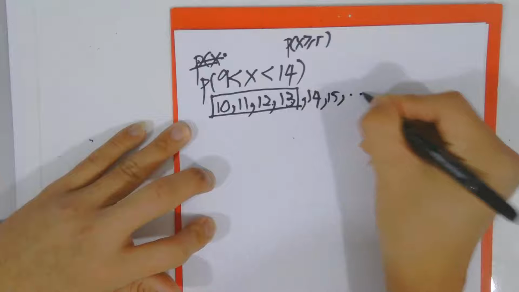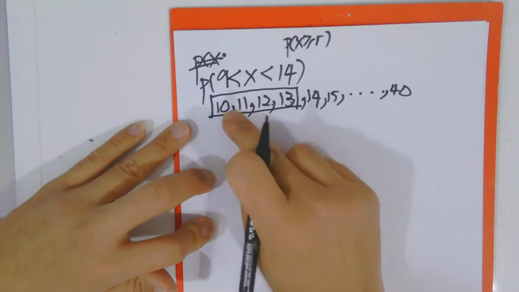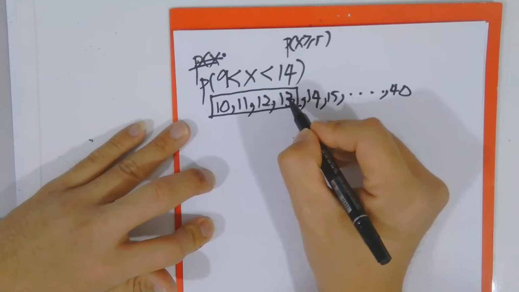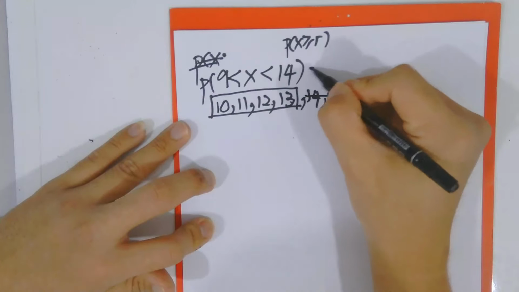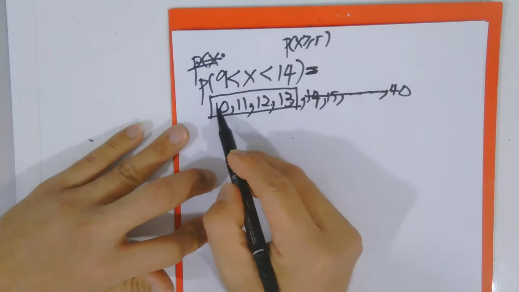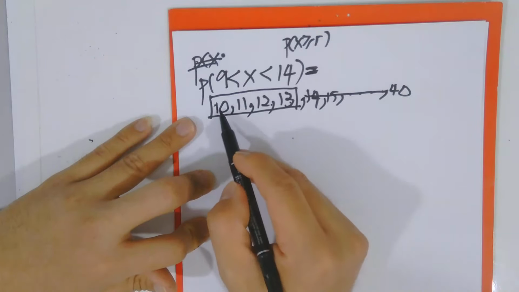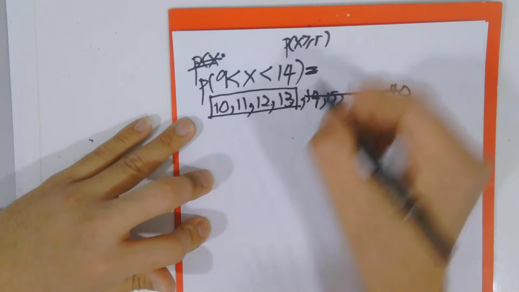So 14, 15, if you list out, it will go up to 40, right? This is not working, this is just for your understanding. We want the values 10 up to 13. We don't want 14 and above. Which means that in this case, we do not start from 0. We start from 10. We want 10, 11, 12, 13.